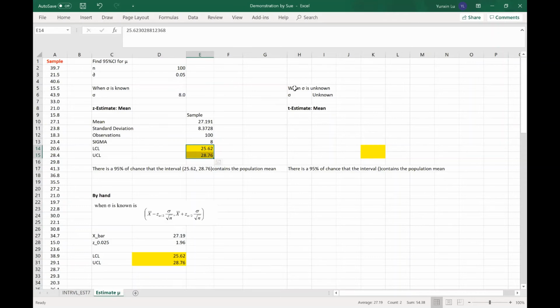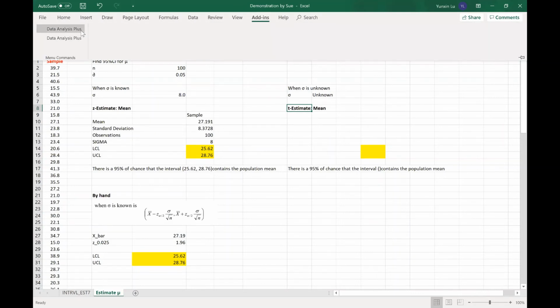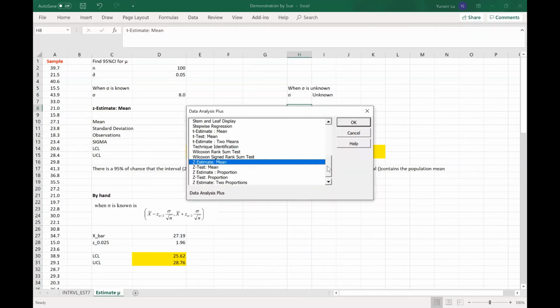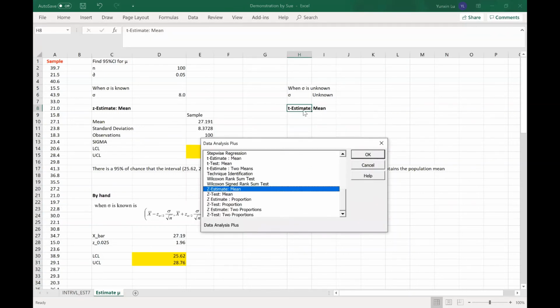So how about when sigma is unknown? That means when population variance is not given in the question. How do we deal with it? We need to use t-Estimate: Mean. We also go to Add-ins, Data Analysis Plus. We use t-Estimate: Mean.